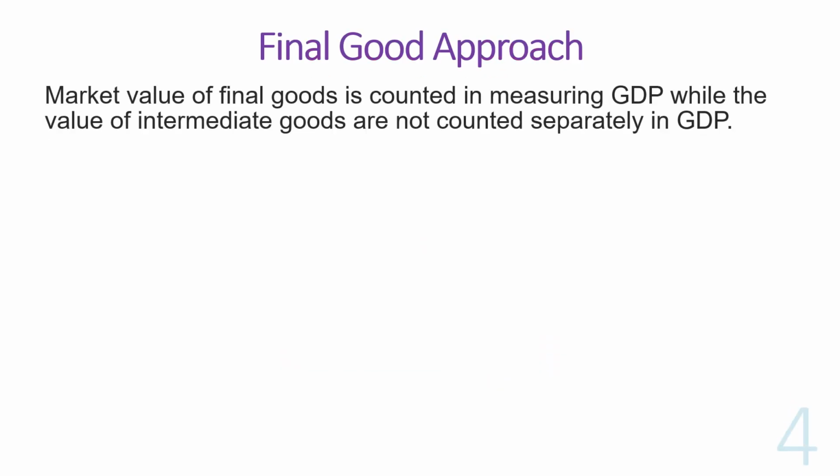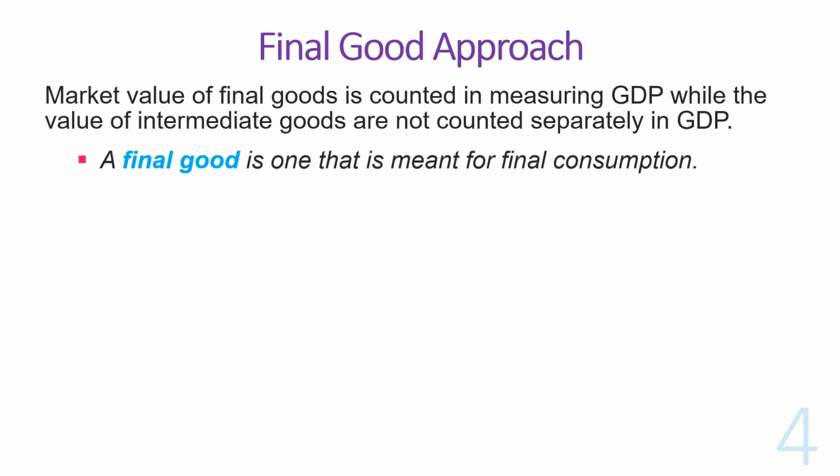In final good approach, we only take market value of final goods while measuring GDP, and the value of intermediate goods are not counted separately in GDP. Students, a final good is one that is meant for final consumption.